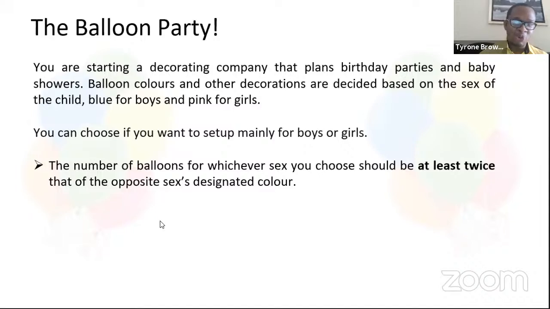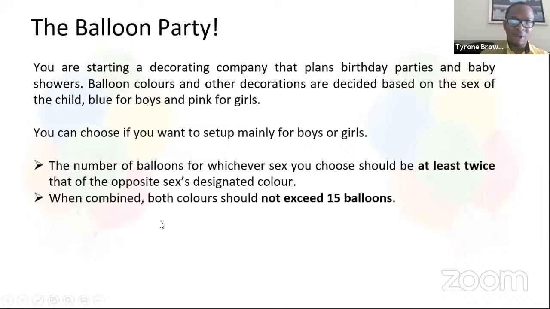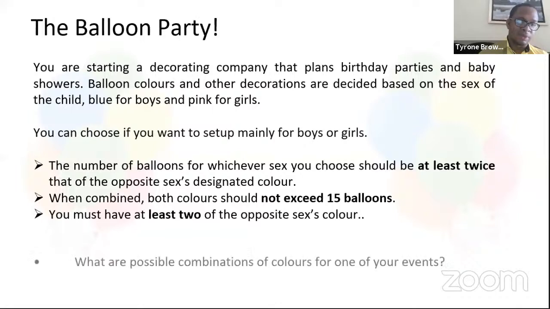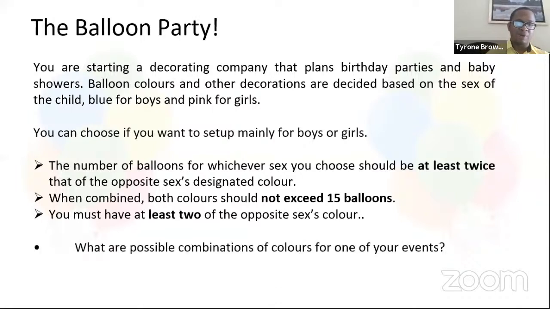There are two more conditions. When combined, both colors cannot exceed 15 balloons. And finally, we must have at least two of the opposite sex's color. We'll discuss this a little bit further when we're actually mapping it out.